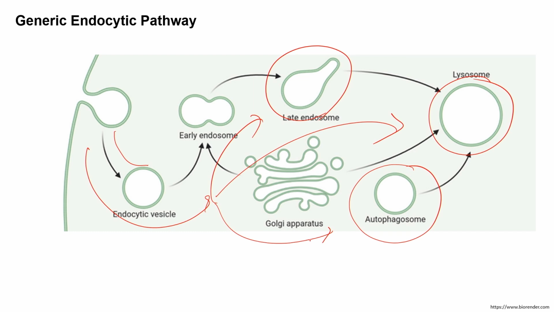So, the take-home message from these two slides, which we have discussed about the generic endocytic pathway, is that antigens enter, and after entry, based on the antigen biology or the requirement of the antigen, they can go through the endocytic pathway where the endosome is involved.